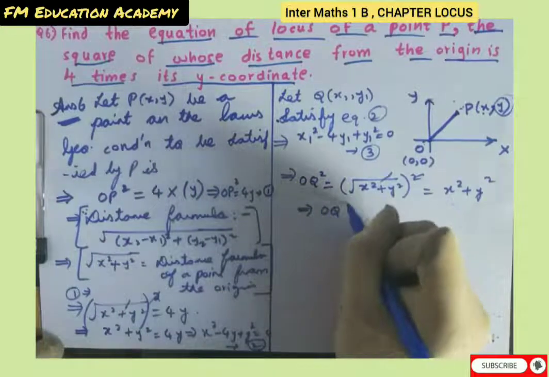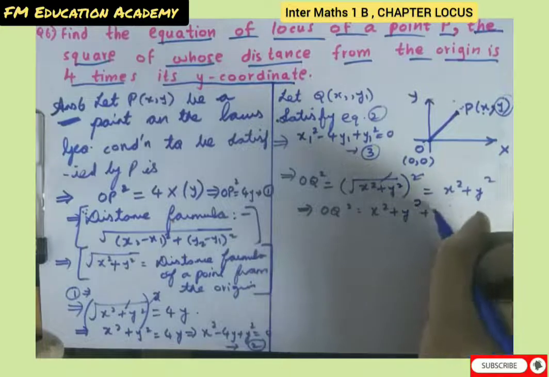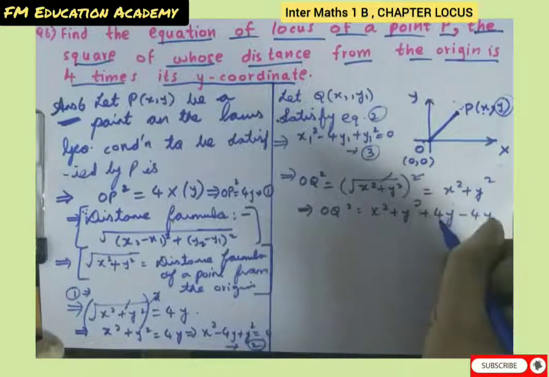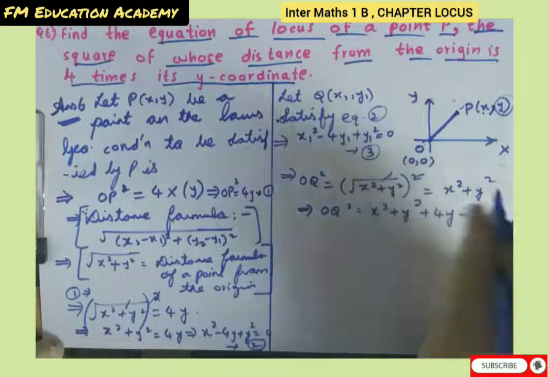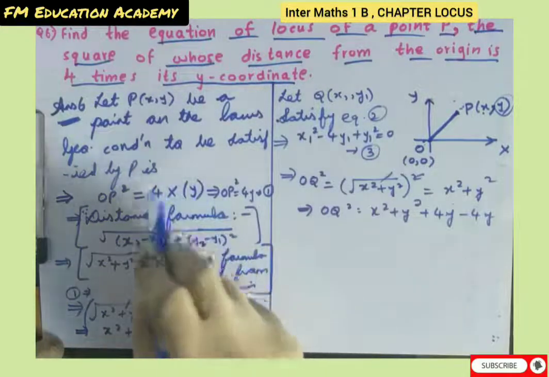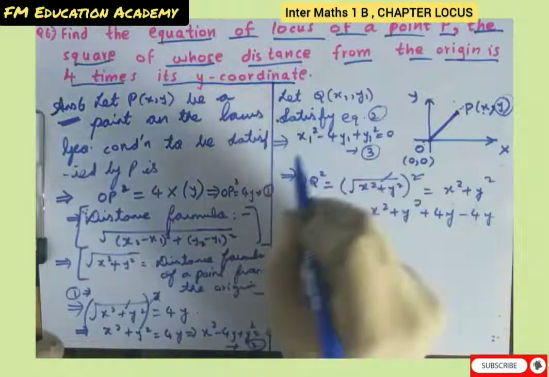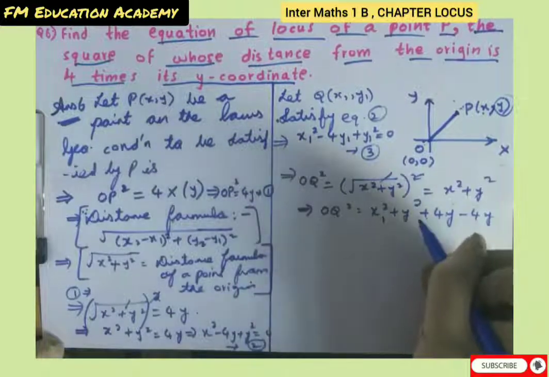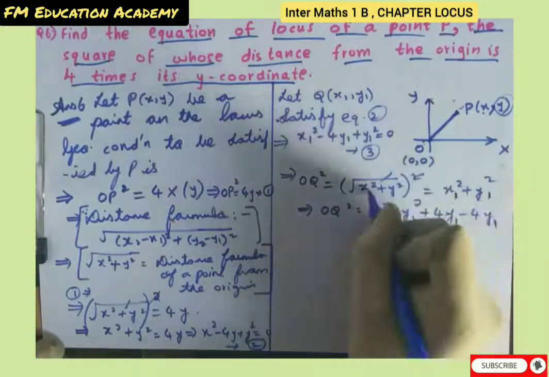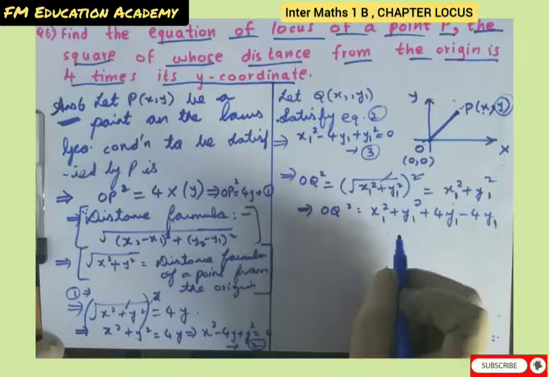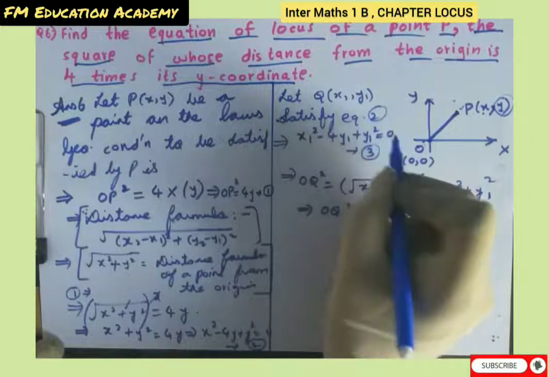In OQ square, that is x square plus y square, we can add plus 4y and minus 4y, because plus 4y and minus 4y will give us 0. Why are we adding plus 4y and minus 4y? Because at the end of the RHS we need the answer as 4y here. So we know from equation 3, x1 square minus 4y1 plus y1 square is 0.